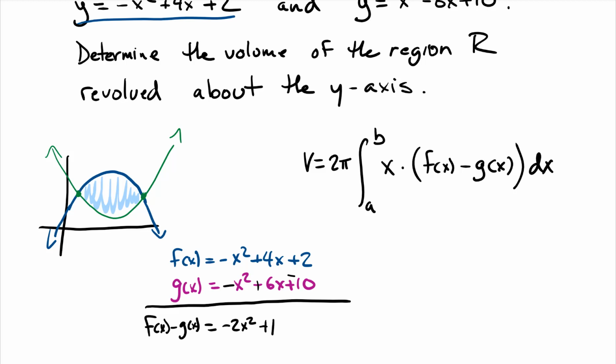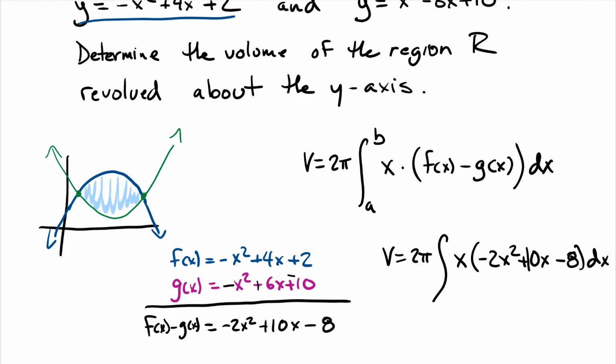Then we get plus 10x, and then minus 8. So our volume is 2 pi, the integral of x times negative 2x squared plus 10x minus 8 dx.